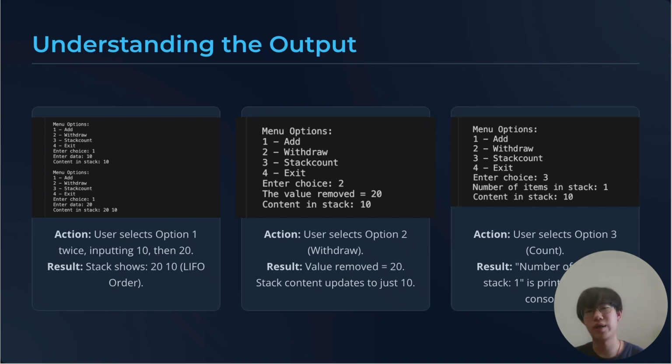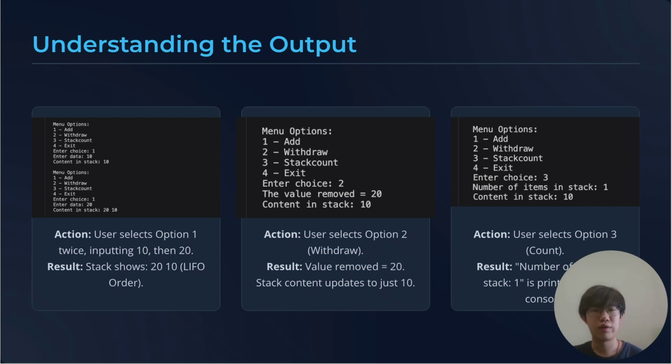To give an example of the program's behavior, if I select option 1 and add the number 10, just like the PowerPoint shows in the first picture, and then I add 20, the display function will show 20, 10, because 20 was the last one in, so it sits at the top.